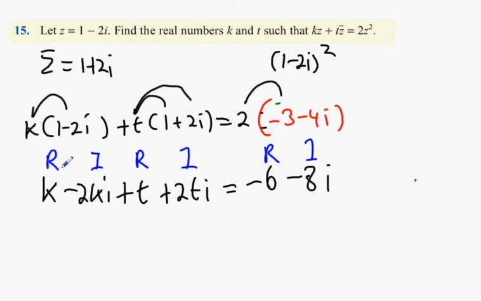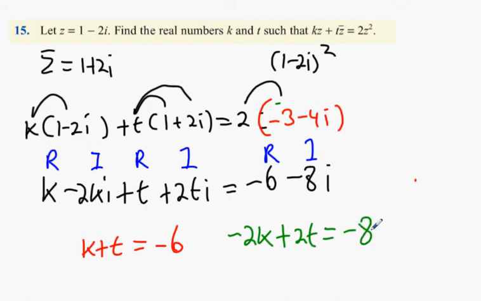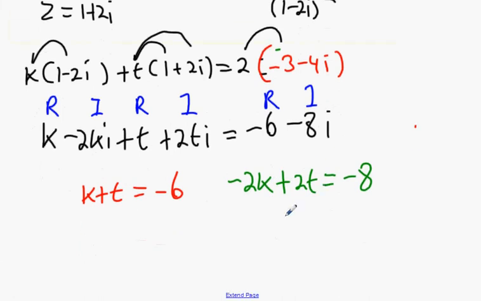Now, what you gotta do next is group the real terms. Real plus real is k plus t equals minus 6. That's your first equation. And then your imaginary equation: minus 2k plus 2t equals minus 8. Pick a letter to get rid of. I'd recommend the k.